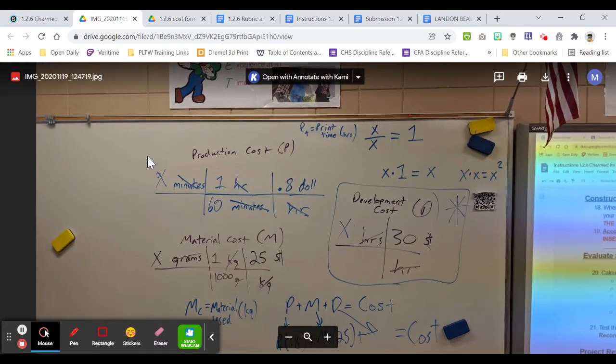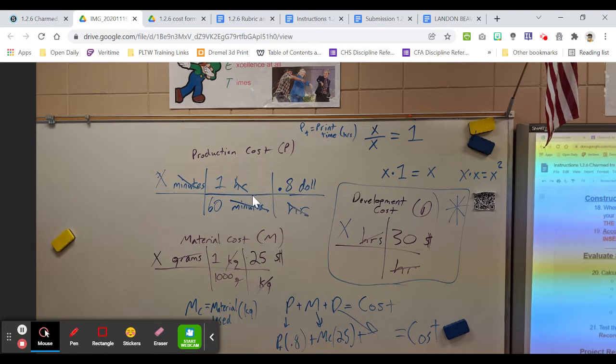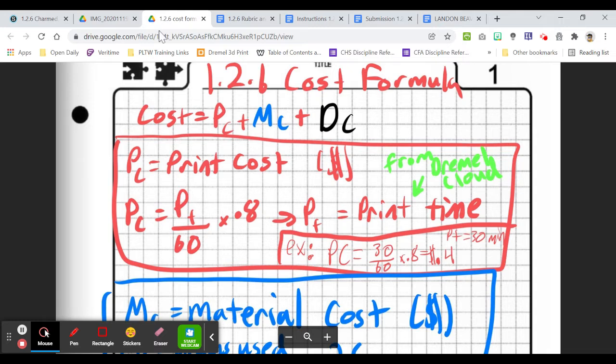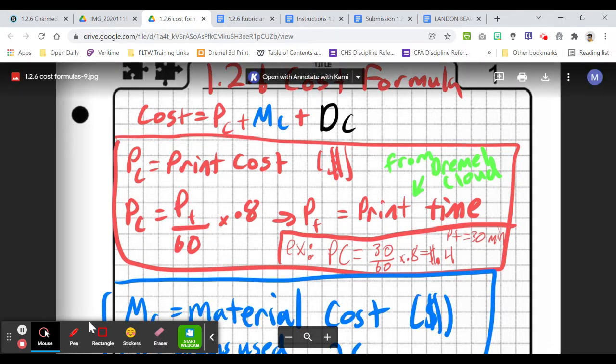Here's a little dimensional analysis showing how we cancel out our units and our conversions: the number of minutes to print divided by 60 minutes per hour times 0.8 per hour will give us our production, our print cost. However, this is the ultimate formula.